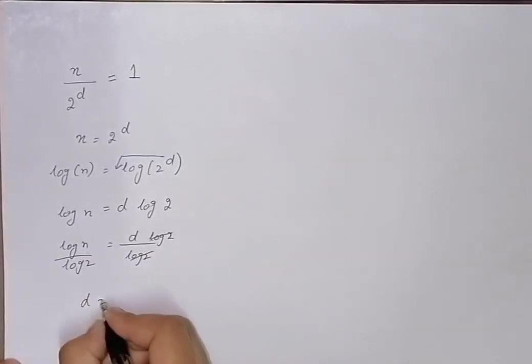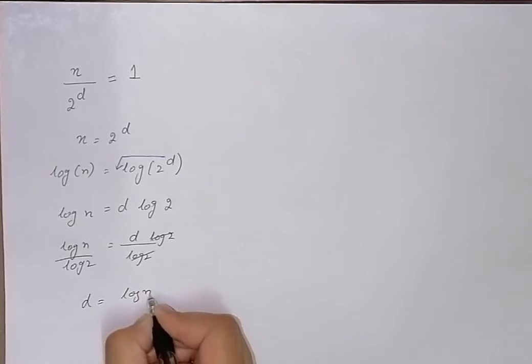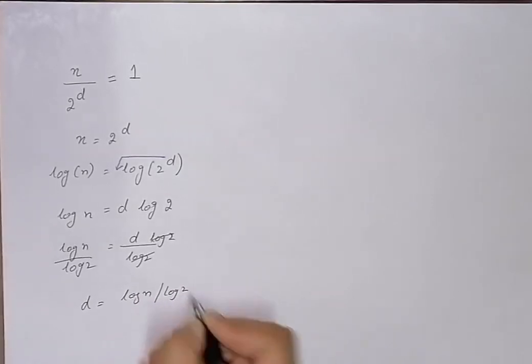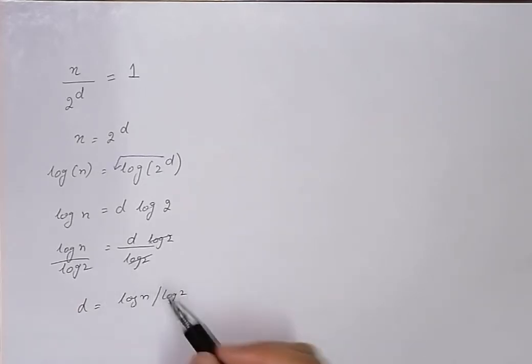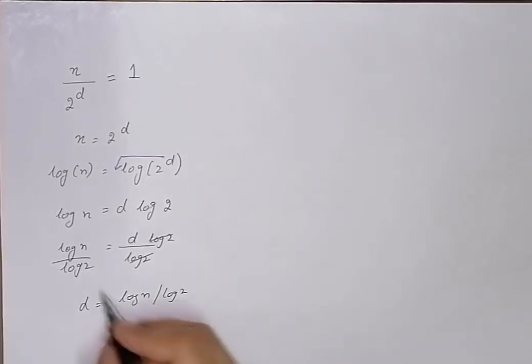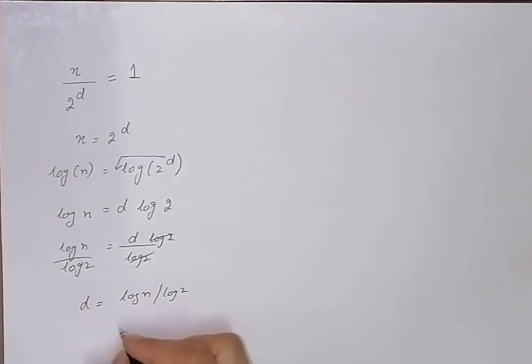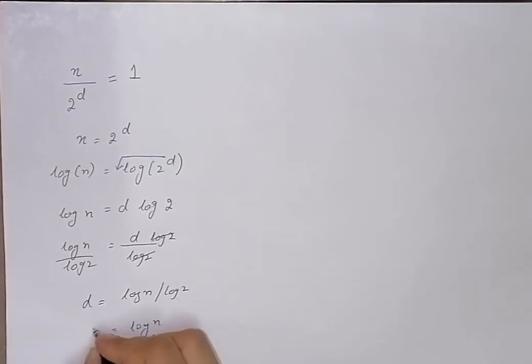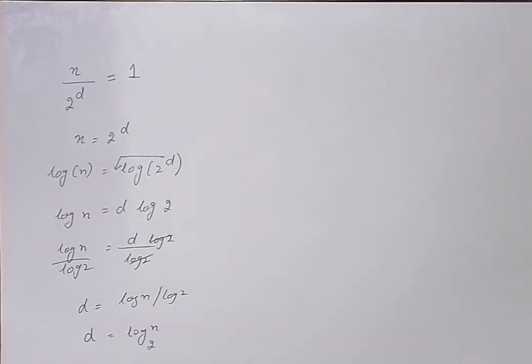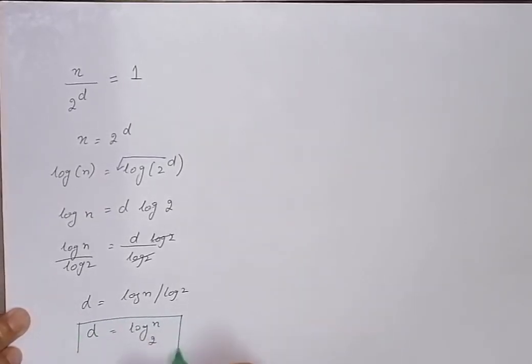So I write it like this: d equals log of n divided by log of 2. Now I'm going to apply another mathematical logarithmic rule: whenever two logs with the same base are being divided, they can be written as log of n to the base 2. So this will basically become the value of my depth.